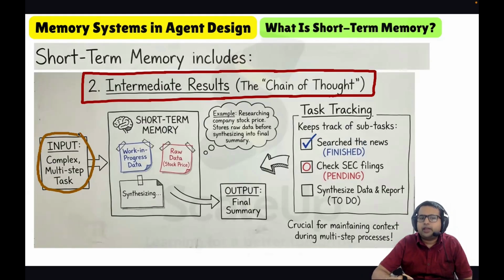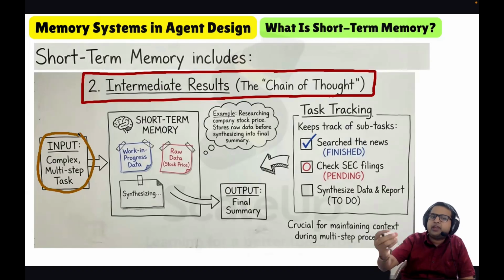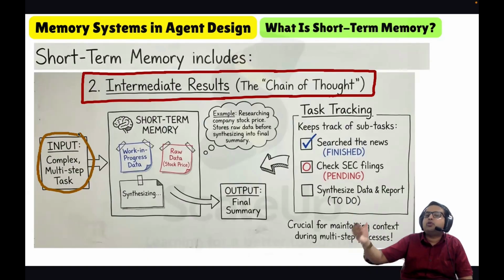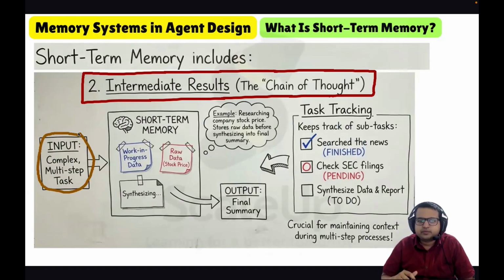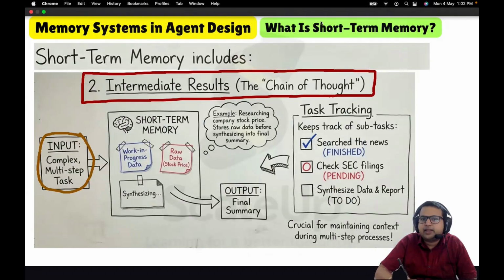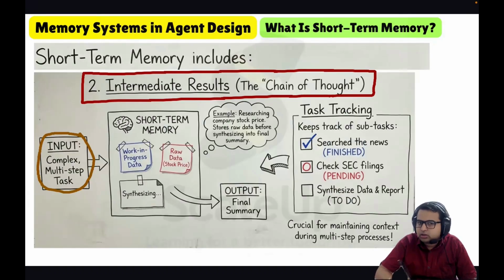If we make use of the short-term memory, we can store the outcome of step one so that step two can make use of it, because in a multi-step task, the steps depend on the previous steps. This work-in-progress data, the outcomes of individual steps, we can store in the short-term memory.